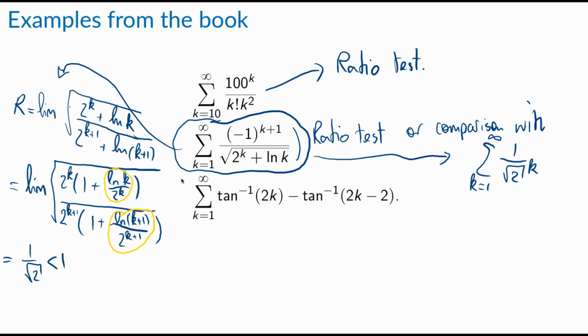Okay, that leaves us this last example where we have the inverse tangent of 2k minus inverse tangent of 2k minus 2. And this one also has two attacks that are reasonable. One of them is we look at this and we say, hey, that looks an awful lot like a telescoping series. And it is. The other way we can attack this is to just brute force attack it using the integral test.